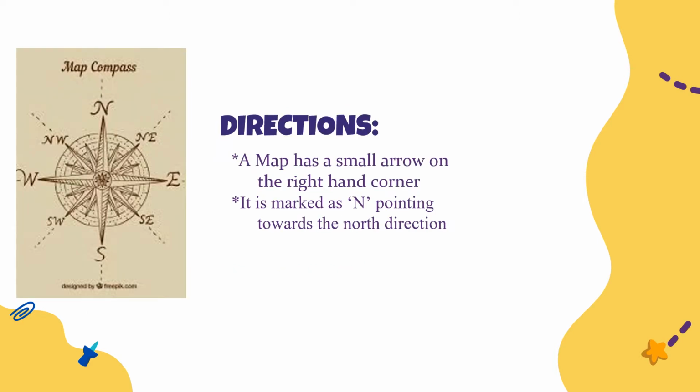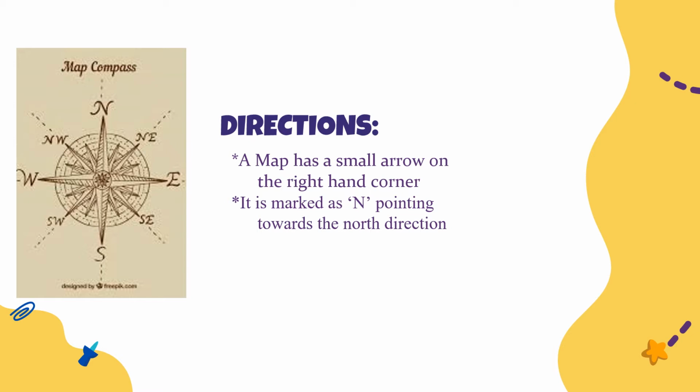First one is direction. Always, children, when you see a map, on the top right side corner you have an arrow mark which shows capital N. The capital N represents the north direction, which means if you take our country India, the arrow mark points upward.